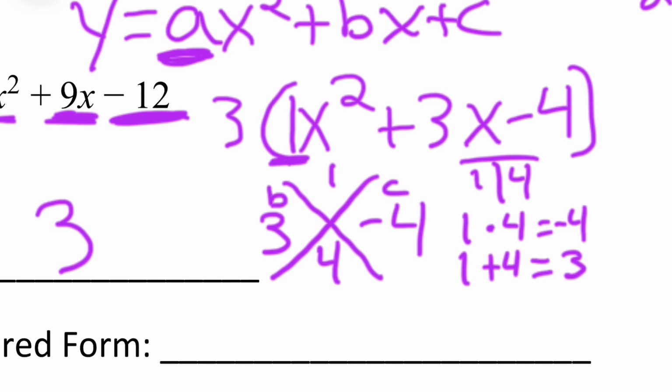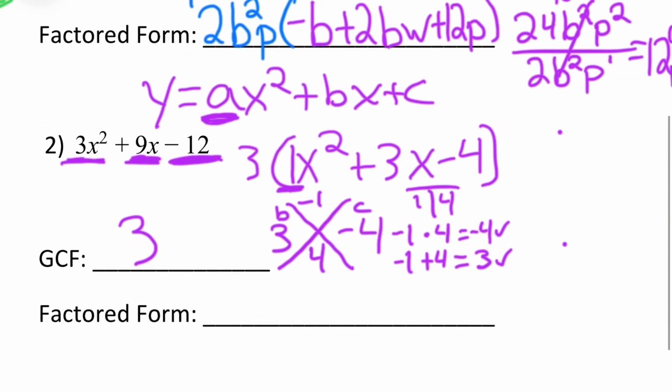Which one needs to be negative to make both of these true? Well, if I make the 1 negative, negative 1 plus 4, does that give me 3? Yes. If I make this one negative, does that give me negative 4? Yes. So my answer, or my magic numbers, are negative 1, 4.